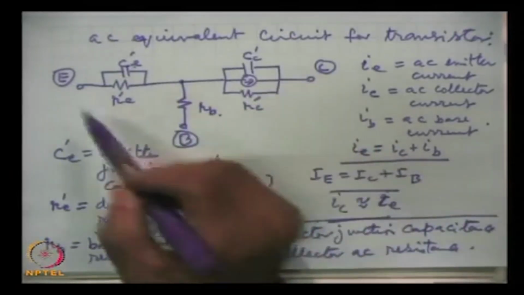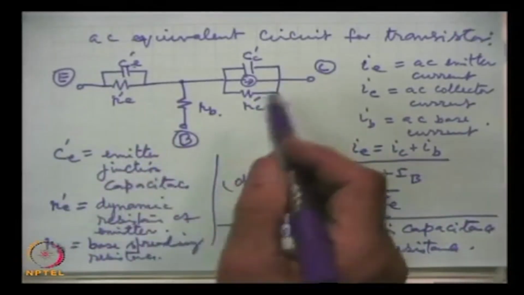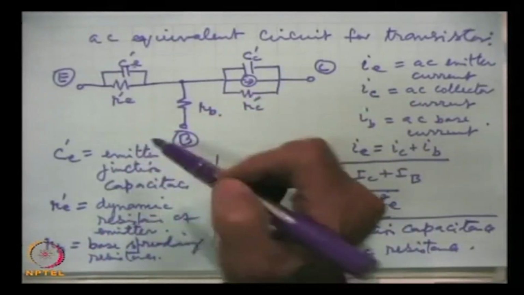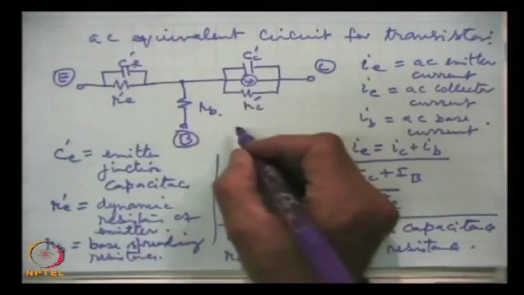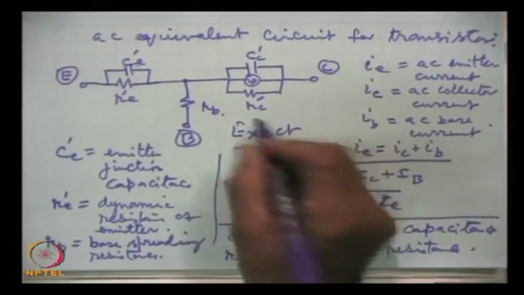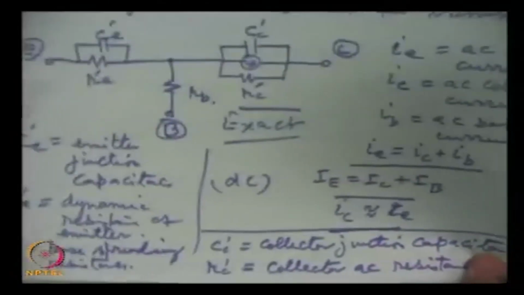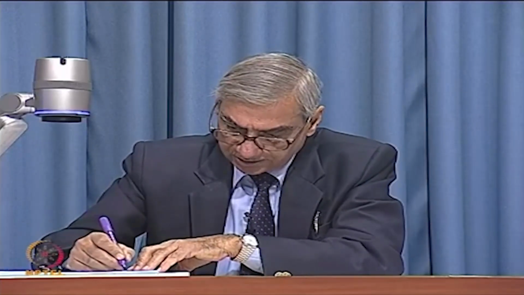So, in any circuit, if the transistor is replaced by this equivalent model, this is the exact model, then we should be able to compute the properties of interest. But we can simplify this. Here we can simplify this, and the simplified equivalent circuit which we will be using is this.